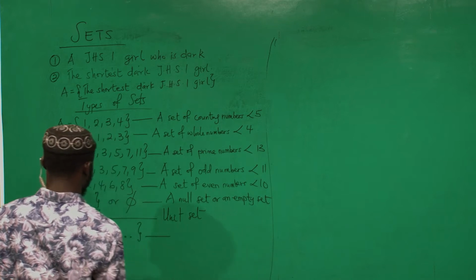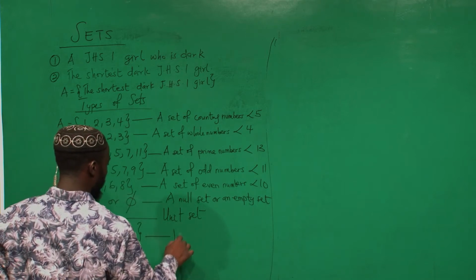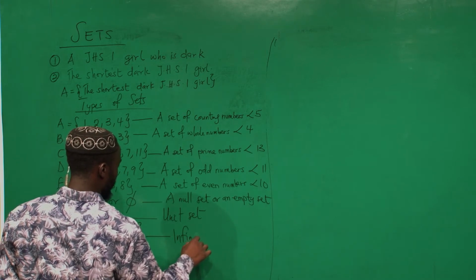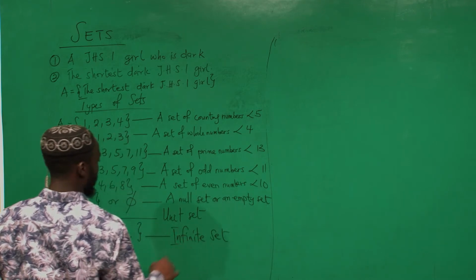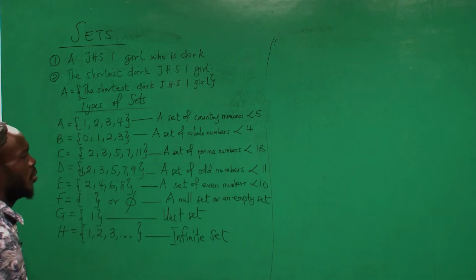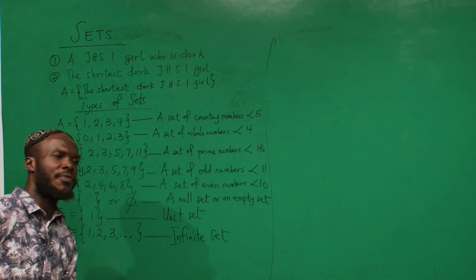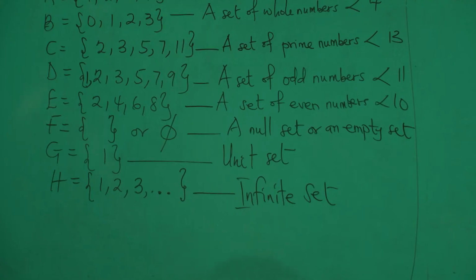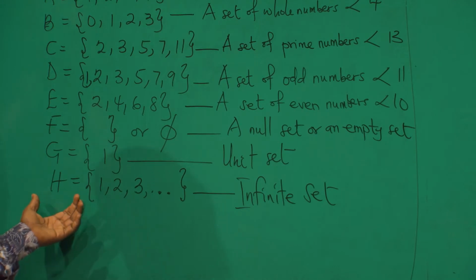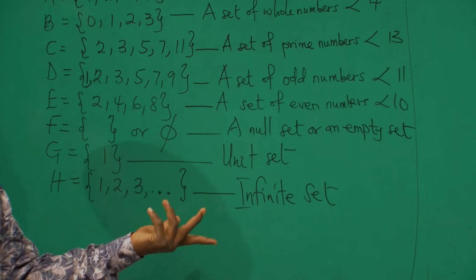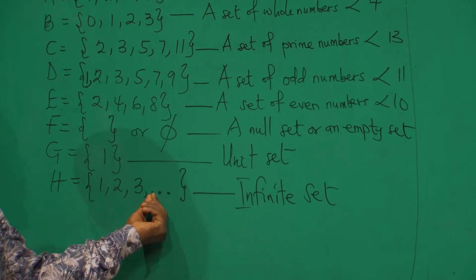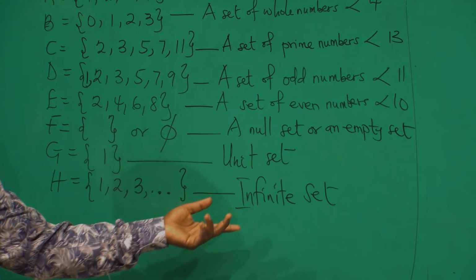Then H is called an infinite set. As we said, a set whose last member cannot be found, we call it an infinite set. So looking at H, we've given infinity 3 dots. This means it continues. So since this last member cannot be found, it is an infinite set.